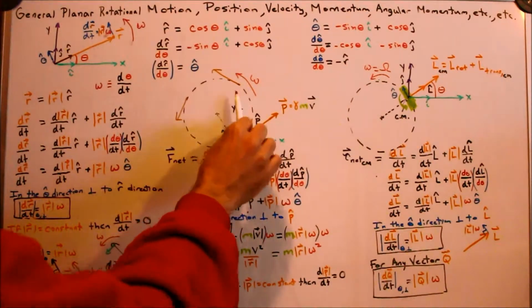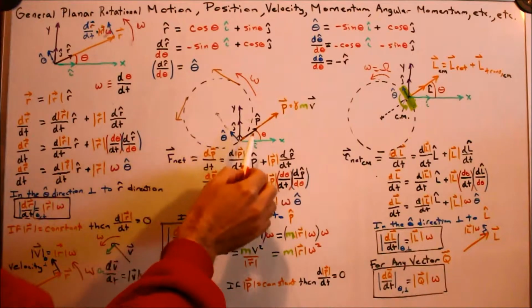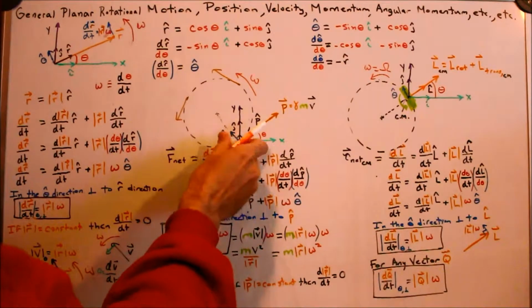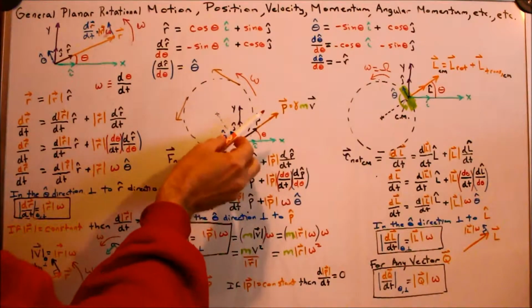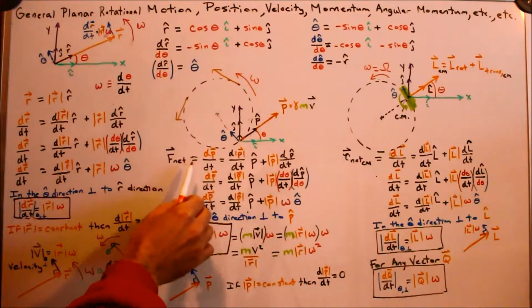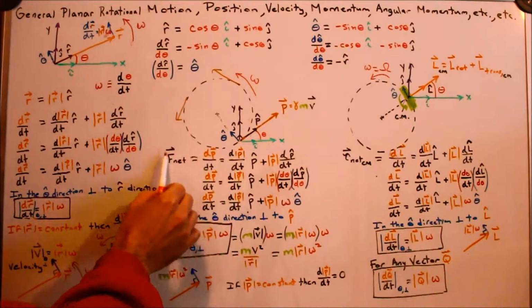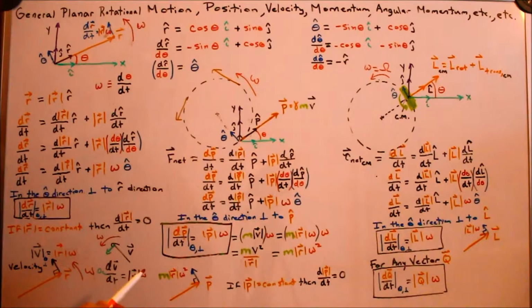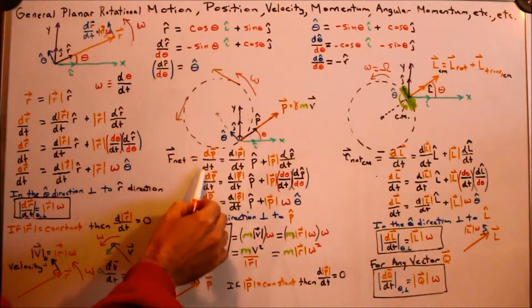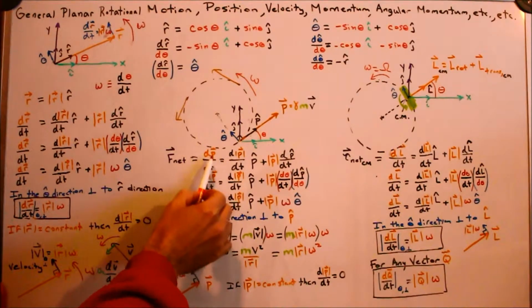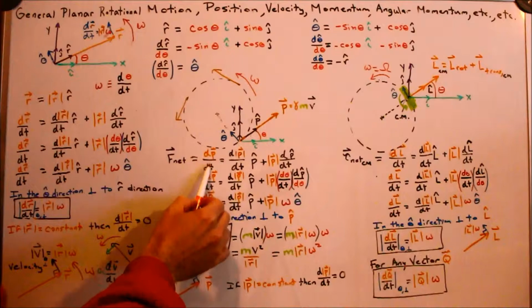I have my inertial coordinate system, and I define the unit vector p hat to go in the exact same direction as p. We know that the derivative of momentum is the net force on this particle, and we're going to find the rate of change of momentum with respect to time.